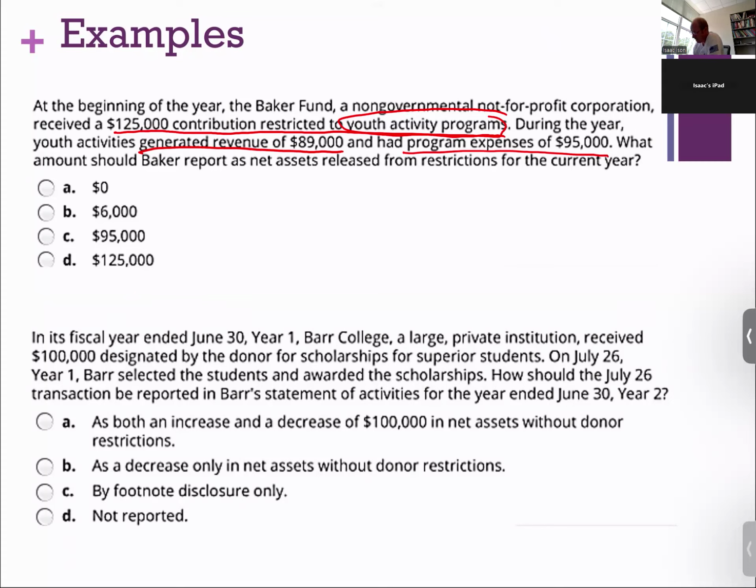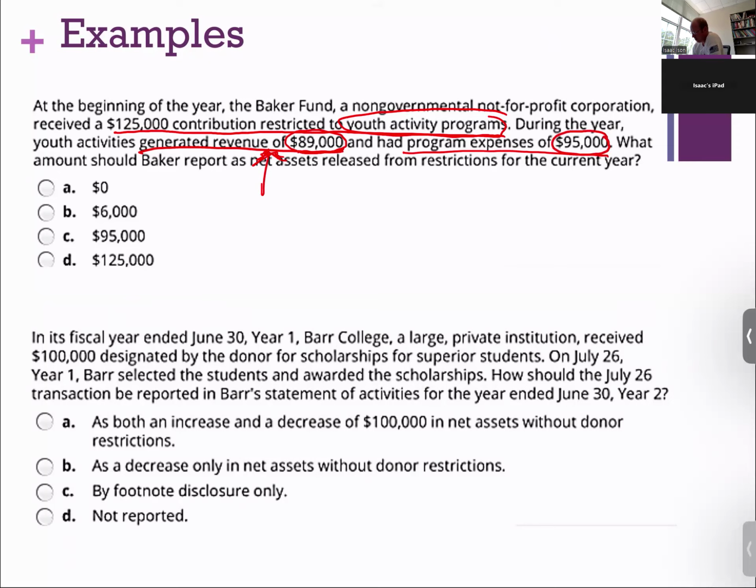Okay, so the key on this is we generated revenue. Remember, when we generate revenue, it's not contribution revenue. This revenue here can be used however we want, right? So it doesn't have donor restrictions. Therefore, we wouldn't want to use it to pay for these expenses, right?